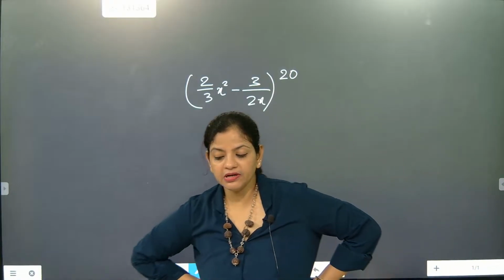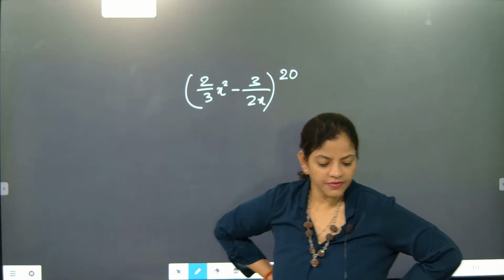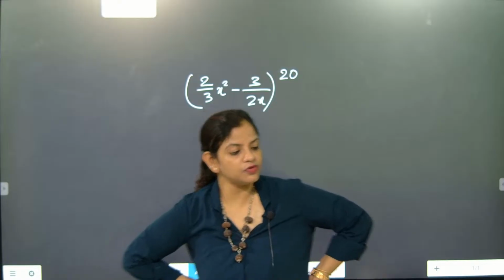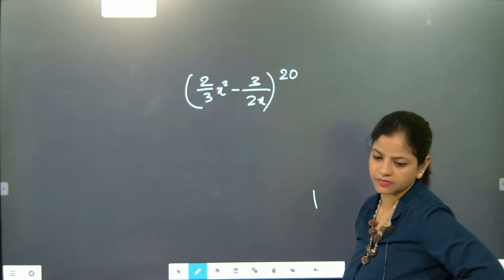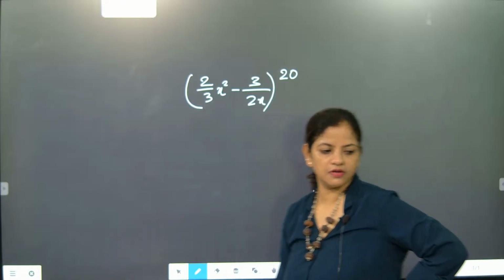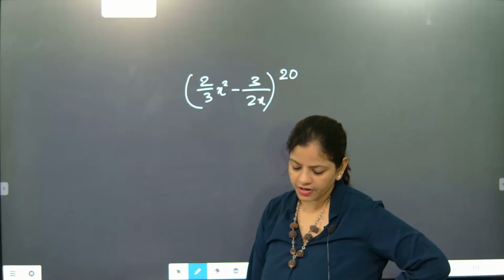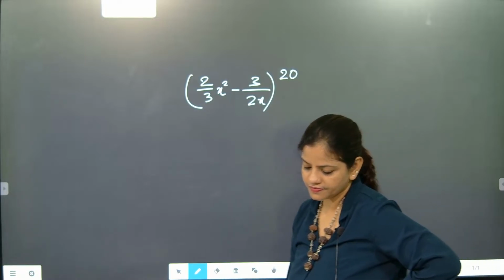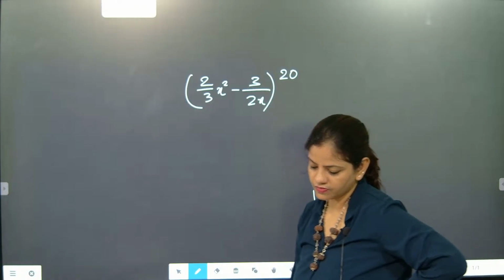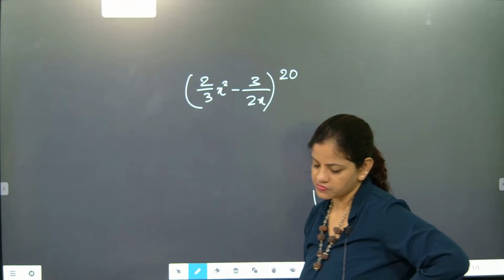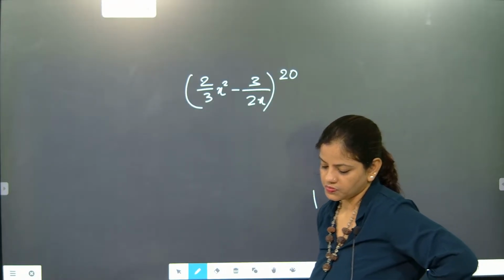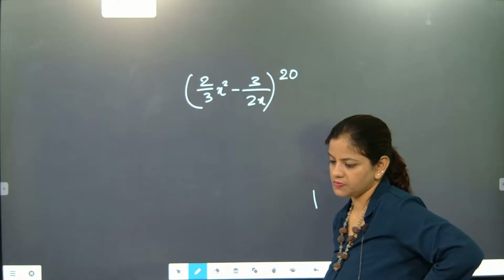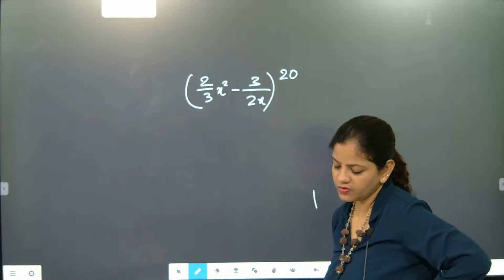They're asking for the middle term, Nishika. When they say middle term, beta, you have to check whether n is even or odd.